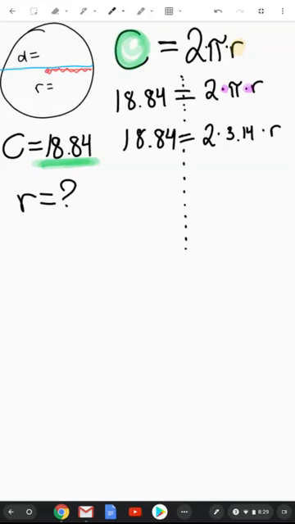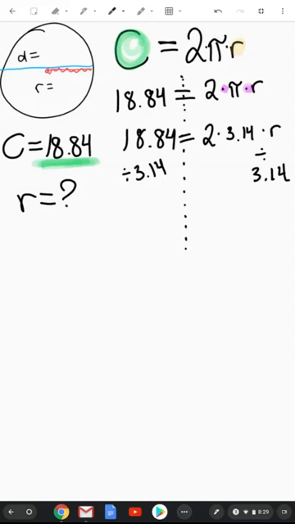There are a couple of ways that you could do this. You could go ahead and divide both sides by 3.14. Remember, if I do something on one side of the equal sign, where else do I need to do it? I also need to do that over here. So in this moment, I would open up my calculator and figure out what 18.84 divided by 3.14 is and go from there.